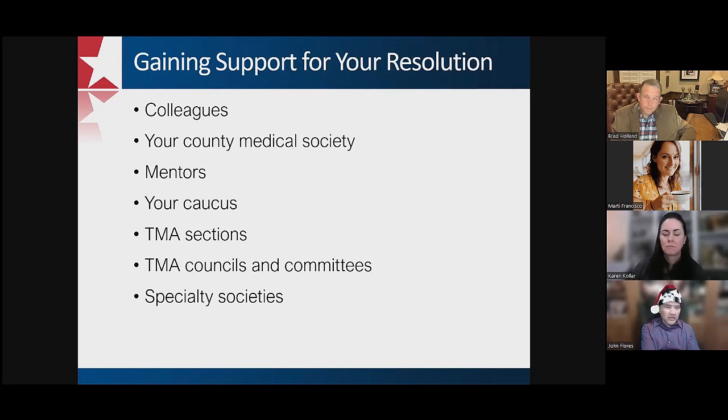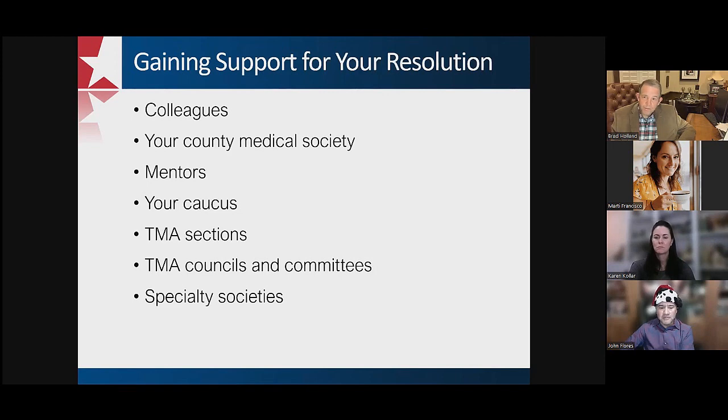If you're not sure about an issue, talk to your mentor, call the TMA, talk to one of the staffers, see which committee discusses whatever subject you want information about. And talk to that chairperson, send them an email or call them and find out what's going on, so your resolution doesn't repeat what's been happening already. And then you can also gain their support.